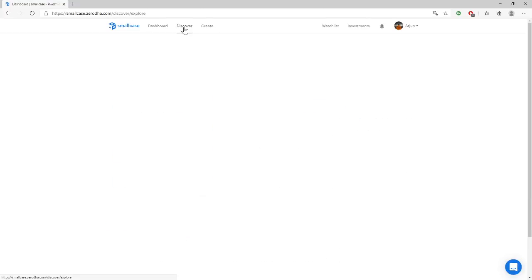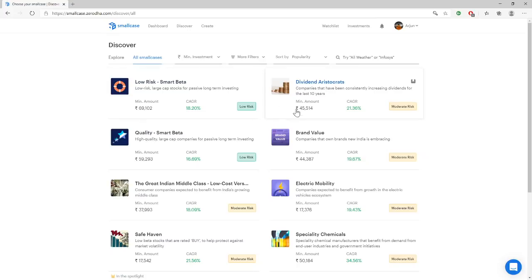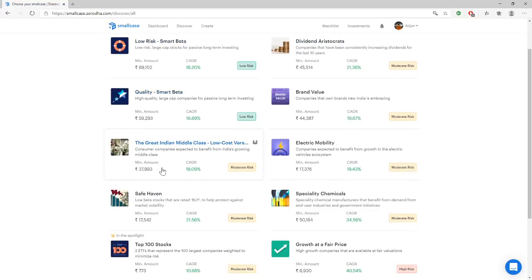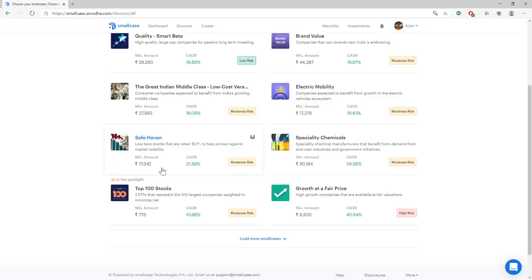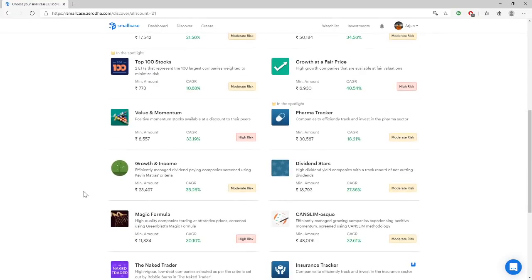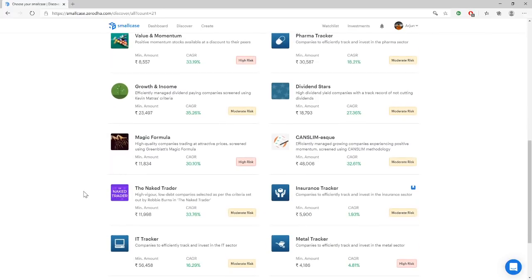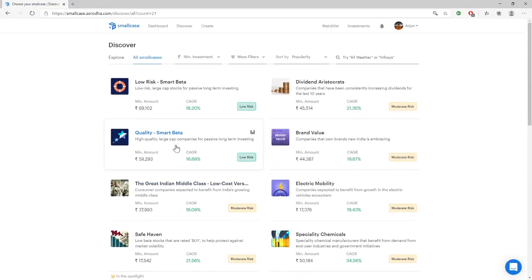You will be able to see a lot of different small cases, a lot of different portfolios which are based on some sort of an idea, theme or a strategy. There are 35 plus small cases which you can explore, and whichever you like you can invest in with just one click.